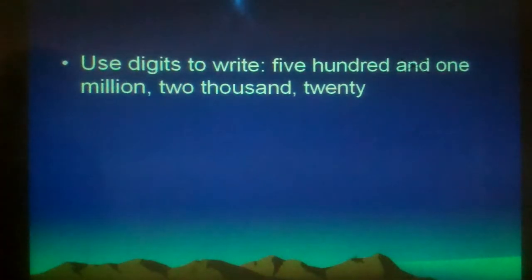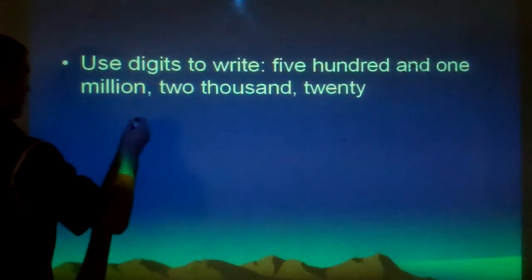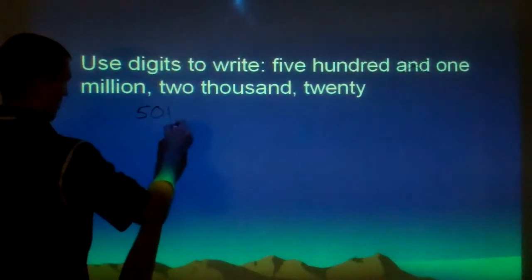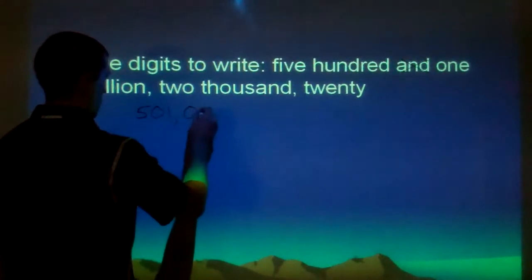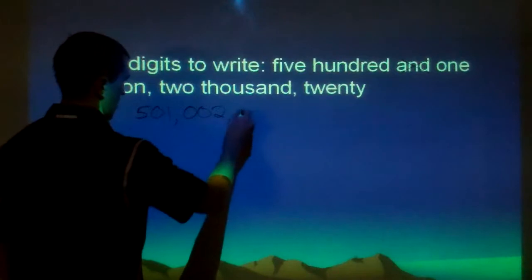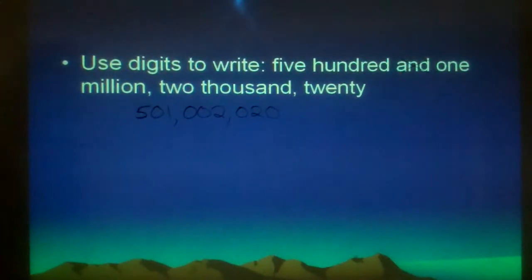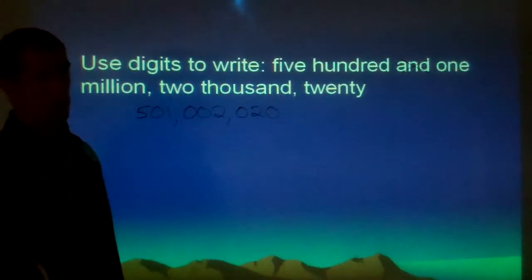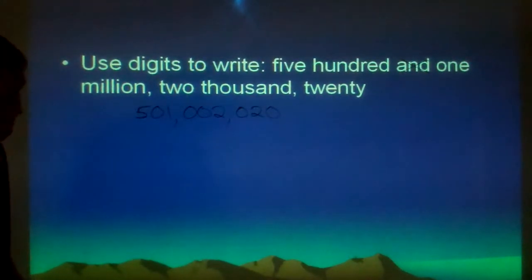It should be 501,002,020. That's what we should be getting there. This is where our table would come in handy again. Yep, that looks good.